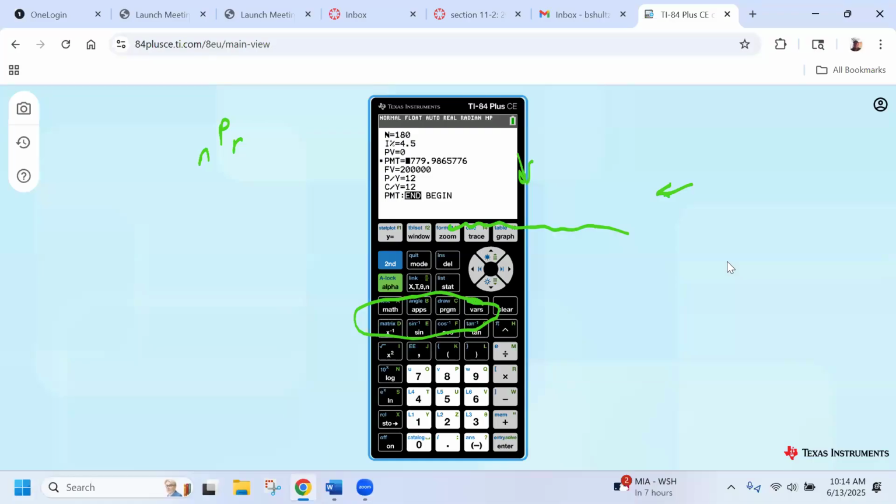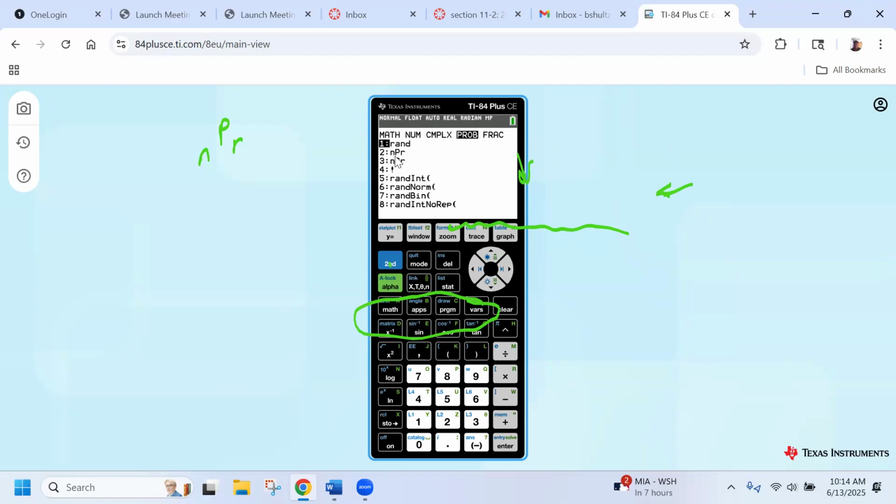Remember, it is math, and then probability is the tab we're looking for up here on top.